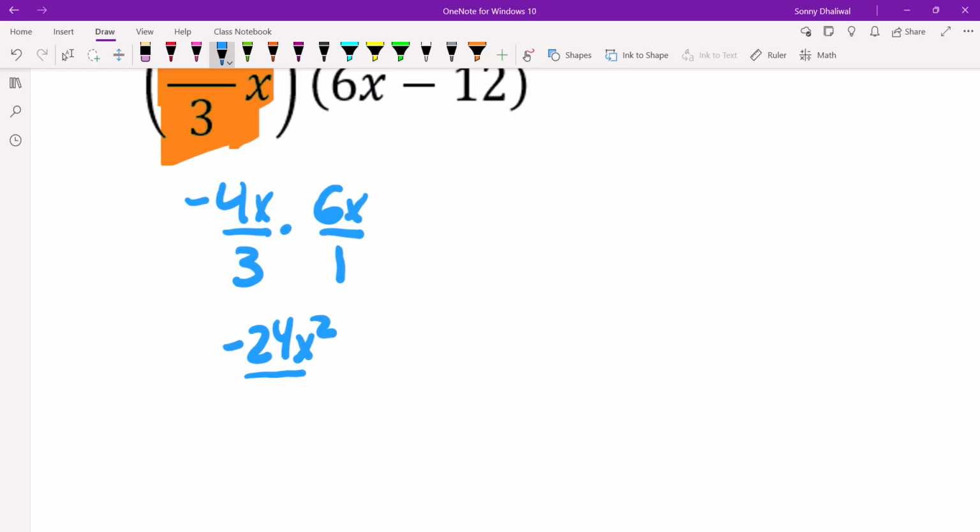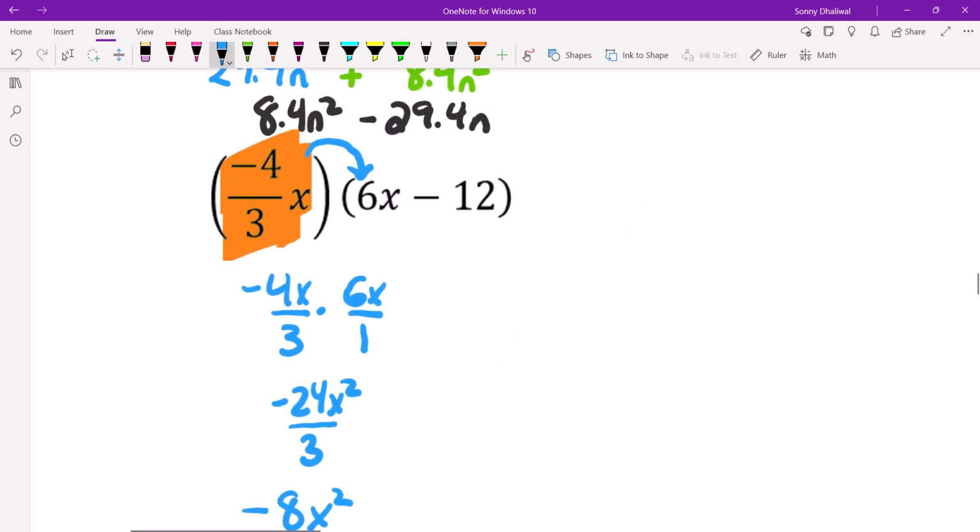The 3. 3 times 1 is 3. So one term on the top, one term on the bottom. Now we look to simplify. Can 3 fit into 24? Yes, 8 times. So we get -8x squared. Okay? So we've done the first rainbow, brought it down to a nice single term.